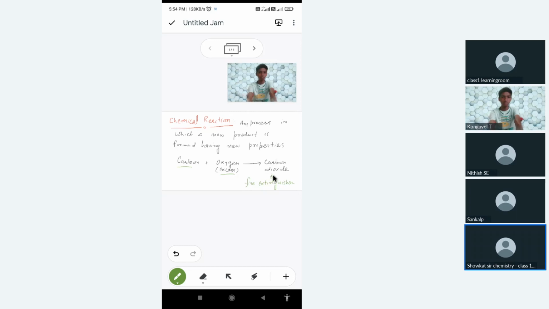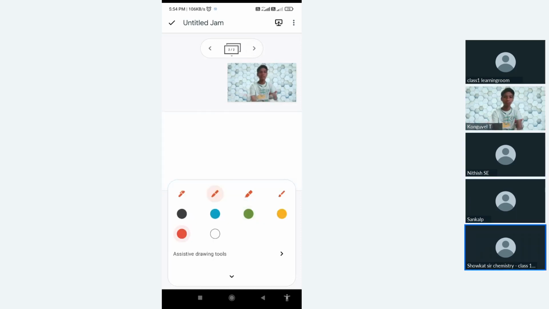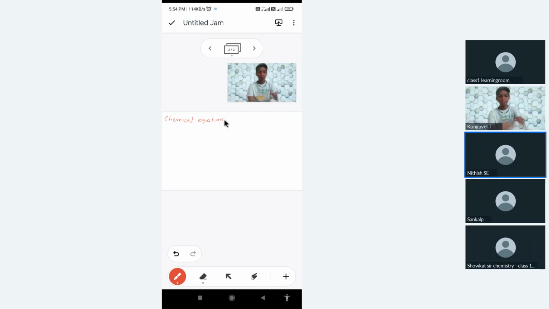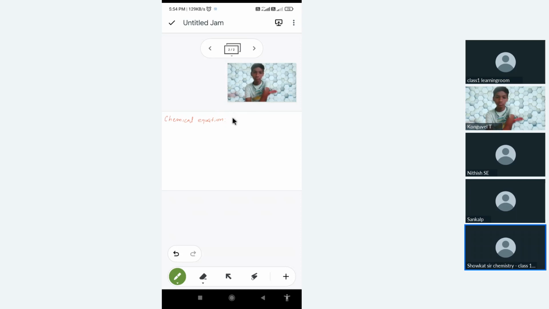Now, when we write this chemical reaction in terms of symbols and formulas, that is called the chemical equation, right? Yes, sir. So I will write here what a chemical equation is. One was the chemical reaction, another is the chemical equation. It is the shorthand method to represent a chemical reaction.